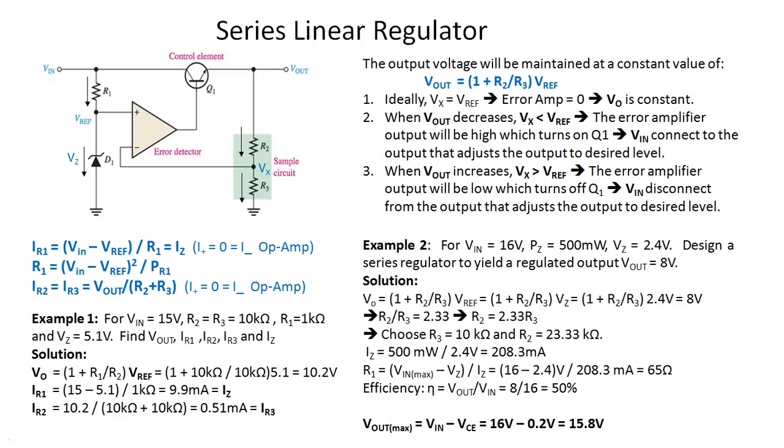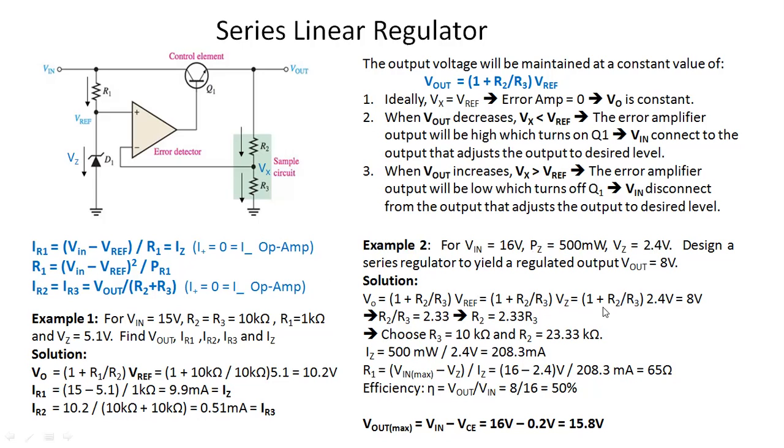We have V in, power for the Zener diode, and voltage across the Zener diode. We have the formula for output voltage, that will be equal to 1 plus R2 upon R3 into VREF. Here we can write that voltage is nothing but VZ.